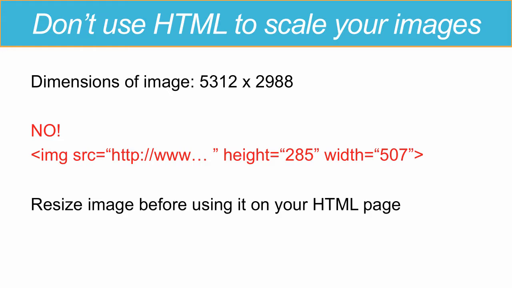That's pretty large and way bigger than you need for a web page. What sometimes happens is that you'll upload that image and then use the IMG tag to include it in your blog post, and then use the height and width attributes of the IMG tag to scale it down so it fits properly into the blog post.